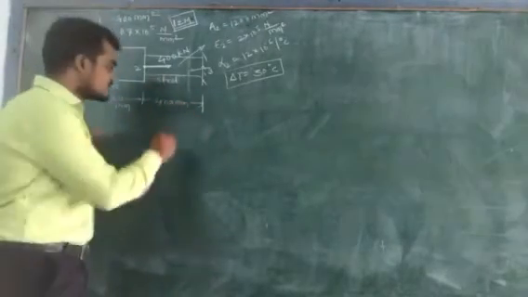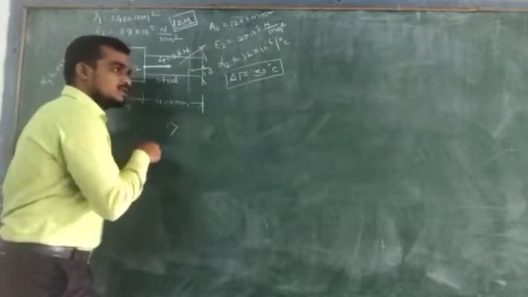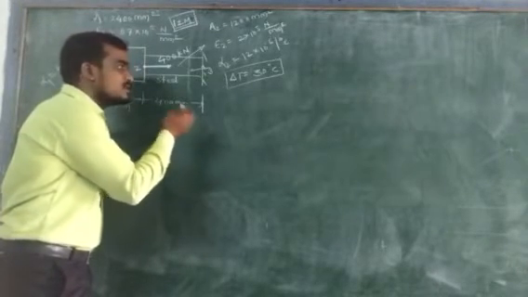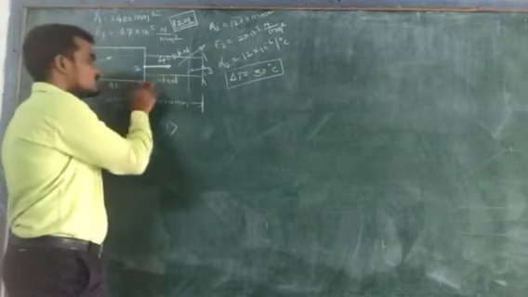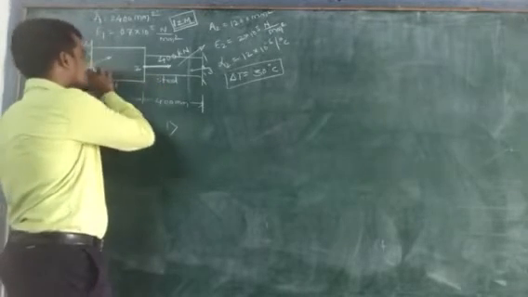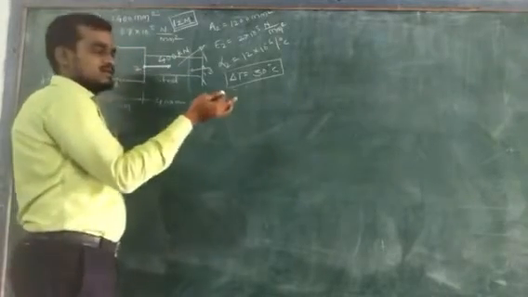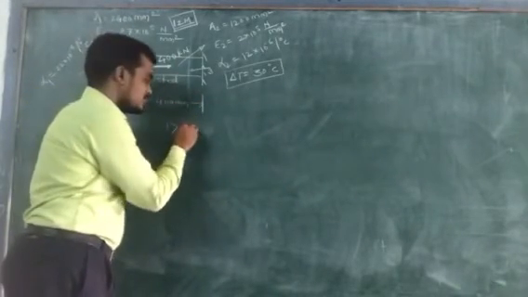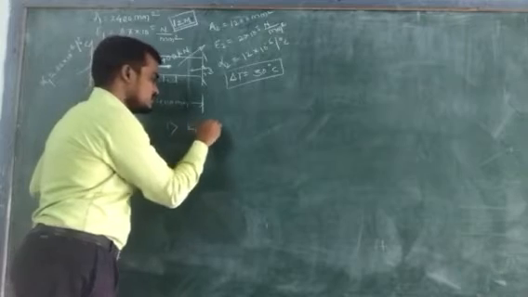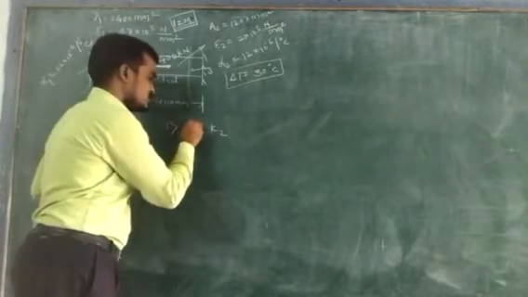First, find the elemental stiffness matrices for each element. Here there are 2 elements, which means there are 3 nodes, 1, 2, 3, so the global stiffness matrix will be of order 3 by 3. As there are 2 elements, find the 2 elemental stiffness matrices, K1 and K2.